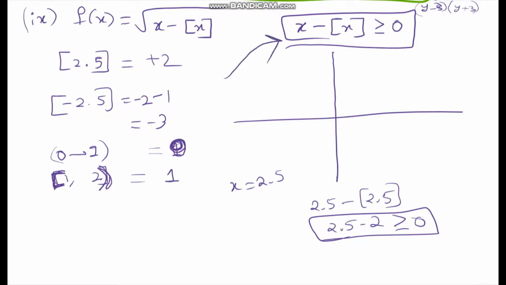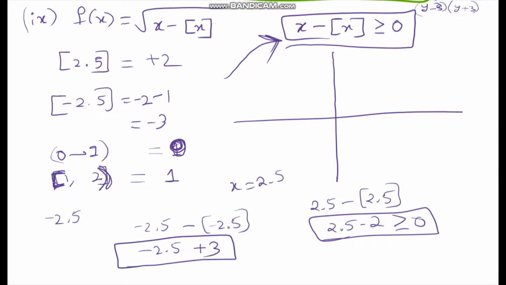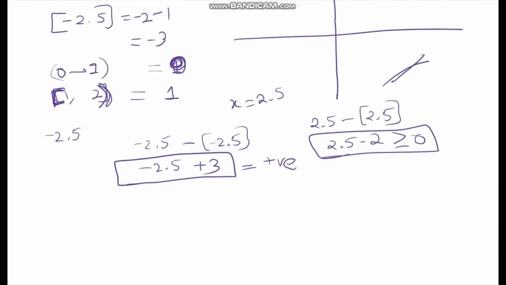Even if I take minus 2.5 as my x value, it is minus 2.5 minus of minus 3, so minus 2.5 plus 3, which is positive again. So whatever input I give, it is defined. So for the ninth one, the domain is the entire real number set.